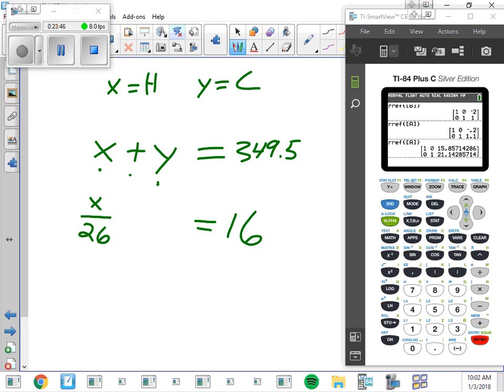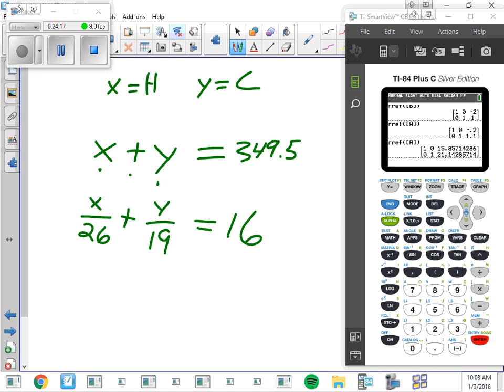Correct? If you drive 26 miles, how many gallons will you have used? 1. If you drove 52 miles, how many gallons would you use? 2. So we have to divide it. The number of miles you drove divided by the gas mileage will tell you how many gallons you used. And then plus y divided by 19, and then you can set that up in a matrix.